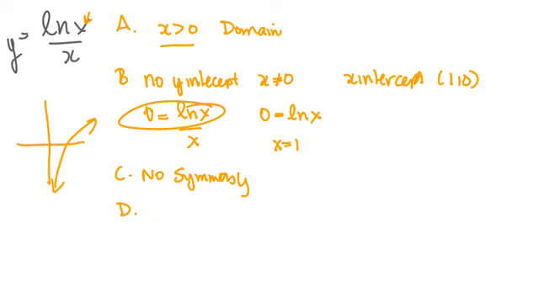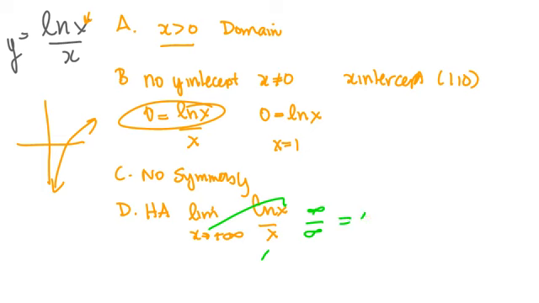But the next is the horizontal asymptotes and the vertical asymptotes. Let's do the horizontal asymptotes. We're going to take the limit as x goes to infinity, and we only have to do positive infinity because of our domain of log x over x. Now if I plug in x goes to infinity here, I get infinity over infinity, which is an indeterminate form, and I can apply L'Hopital's rule.